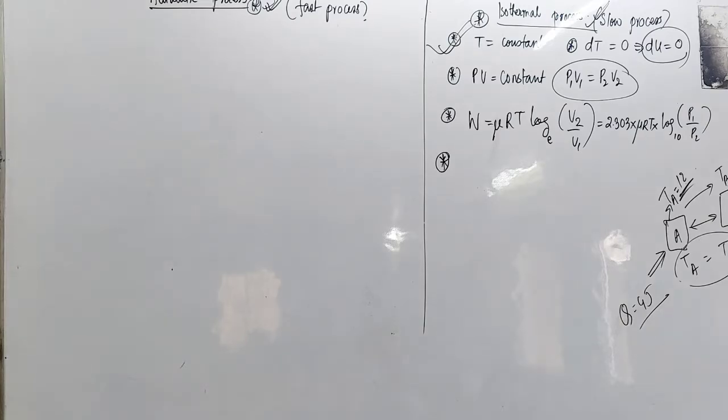Simple concept: the isothermal process is a very slow process, and here the heat gained by a system will be lost to the surroundings at equal rates, so that the temperature of the surroundings and the temperature of the system remain constant. That is the meaning. Understood?